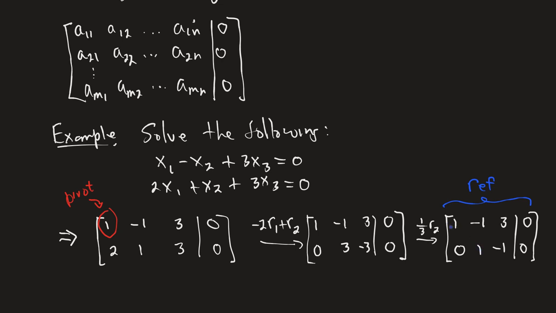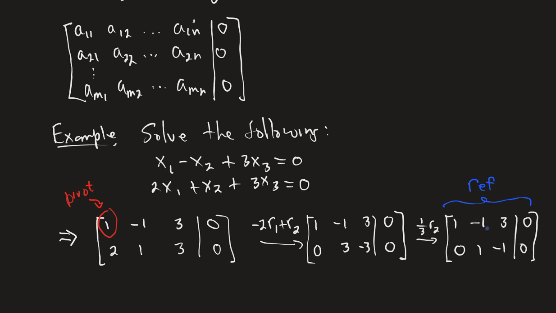All our leading terms, all our pivots are 1, and the pivots go down to the right, and every column that has a pivot has zeros below it, right? Now, to make it RREF, we have to make sure not only the entries below a pivot are 0, but the ones above as well.